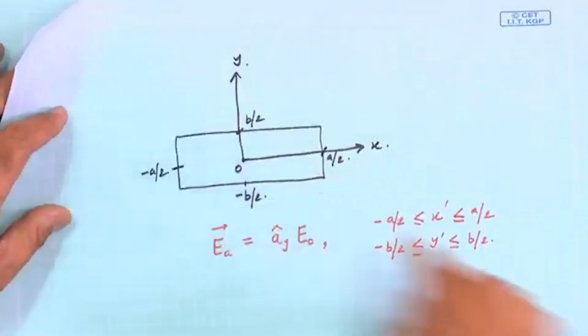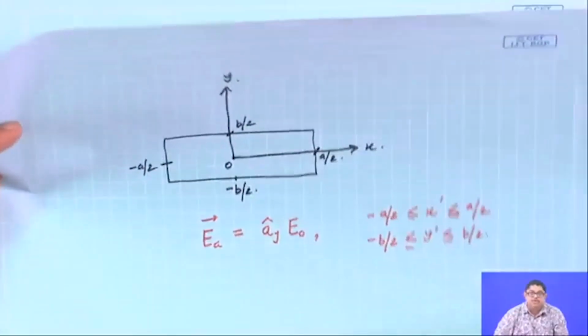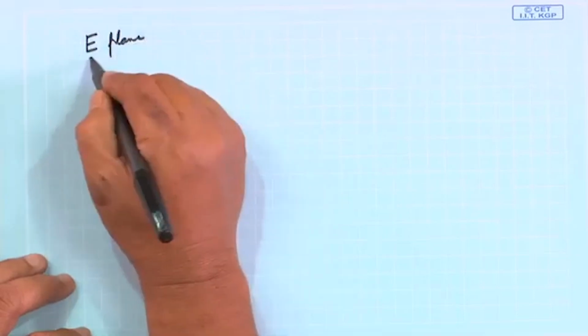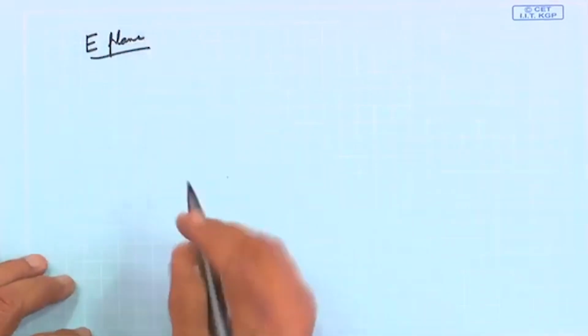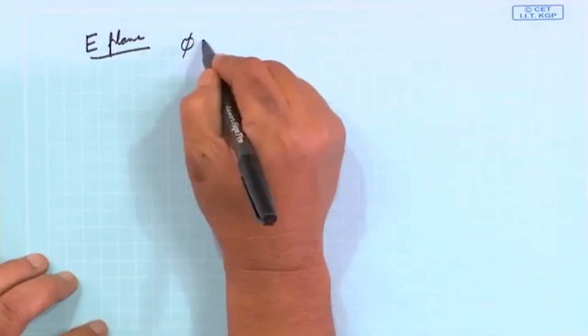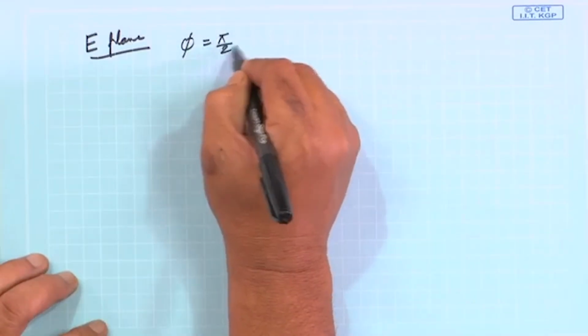Since our actual aperture field is y directed, we can define the principal planes. One is the E plane, where the yz plane, that is nothing but phi is equal to pi by 2.